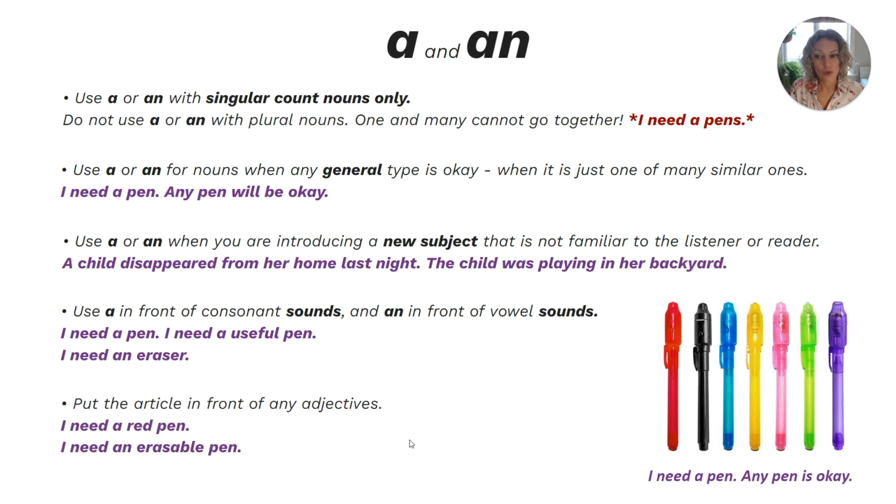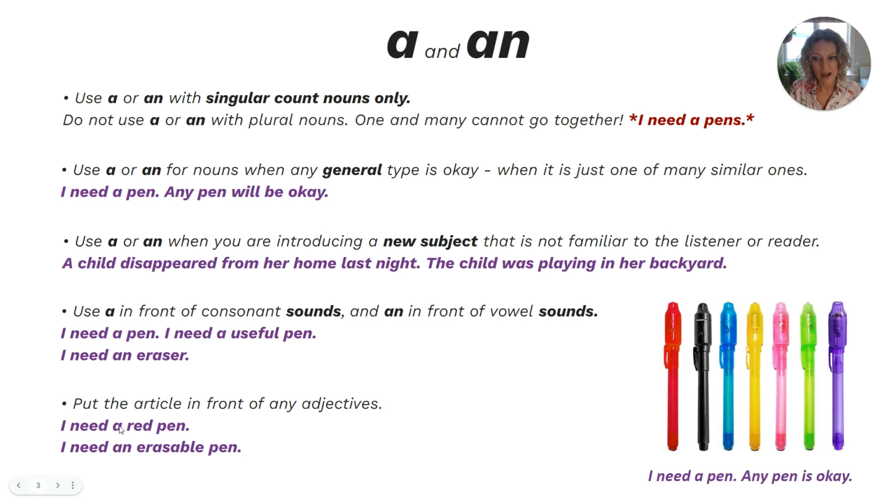And make sure that you put the article in front of any adjectives. So this is the source of a lot of student errors. They forget to put the article because they have lots of adjectives. So by the time they get to the noun, they have forgotten that they need an article.